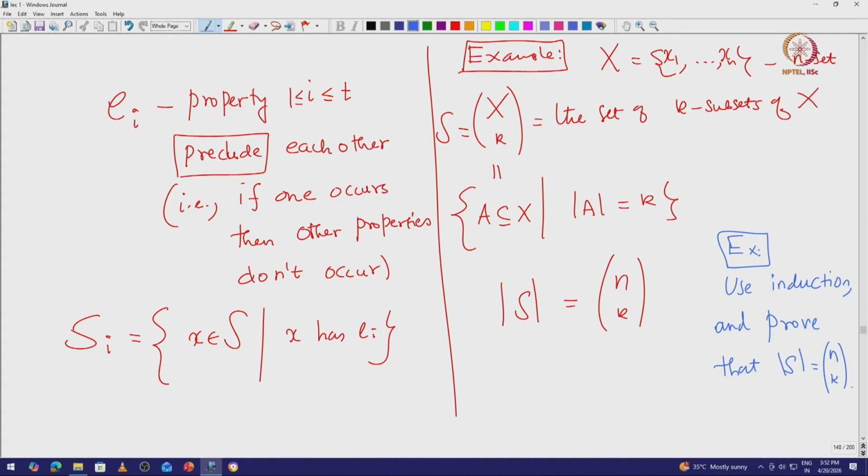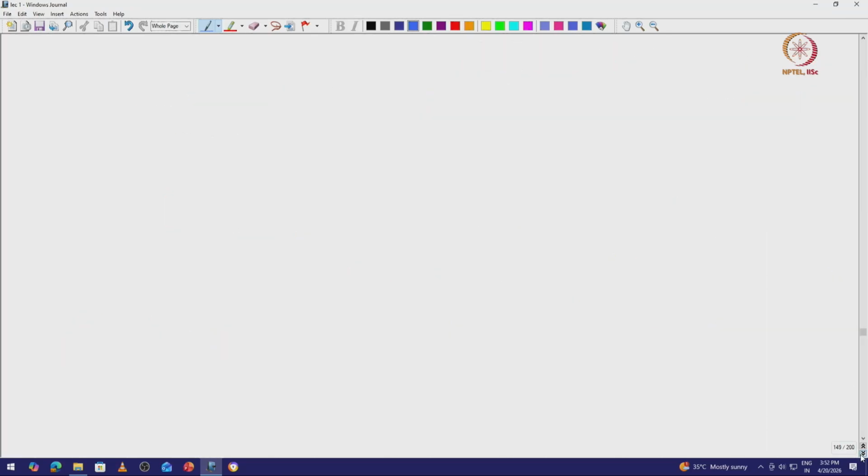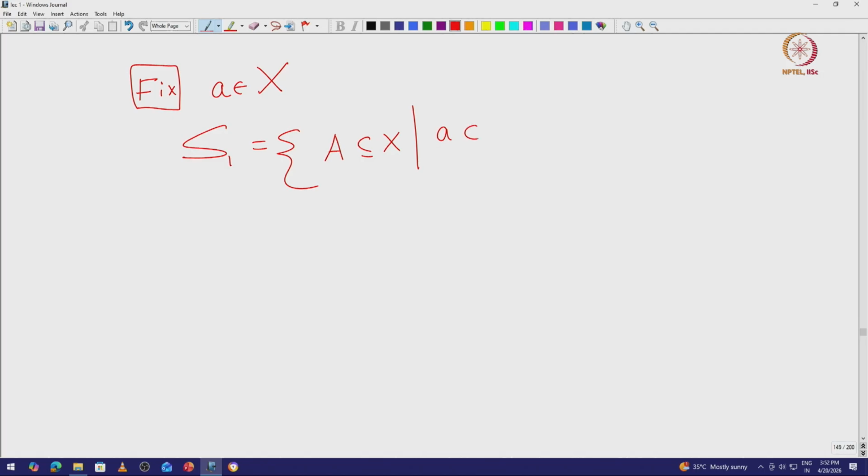So, now let us see how one can divide S into a union of two sets. So, what one can do? One can fix an element a in capital X, and then we can construct these two sets. S1 is those subsets A of X such that A contains this small element a and the cardinality of A is k.